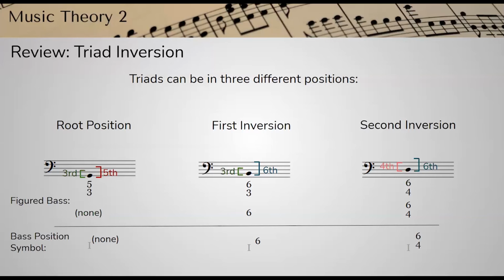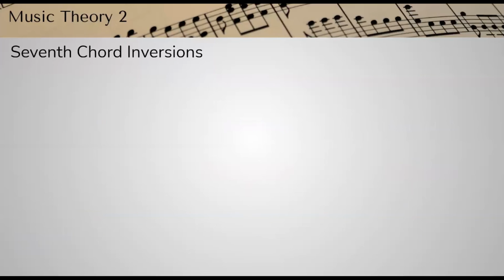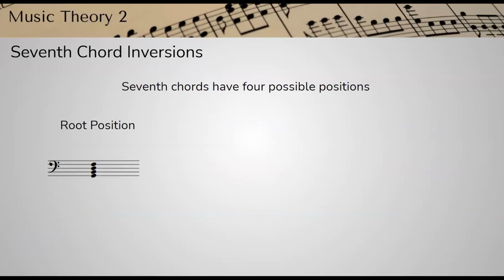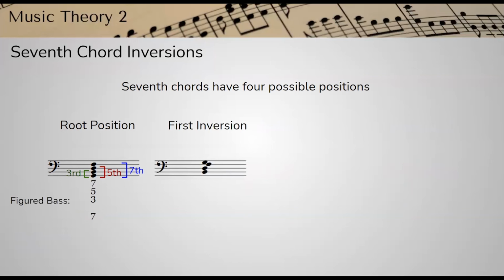So those are triads. Now you can also invert seventh chords. And again, I'm going through this quickly because we've already done this. Seventh chords have similar positions as well. We have root position, which has a 7, a 5th, and a 3rd in it, which we can just call a 7 in our figured bass. For first inversion, when you flip this chord around, the 3rd's on the bottom.